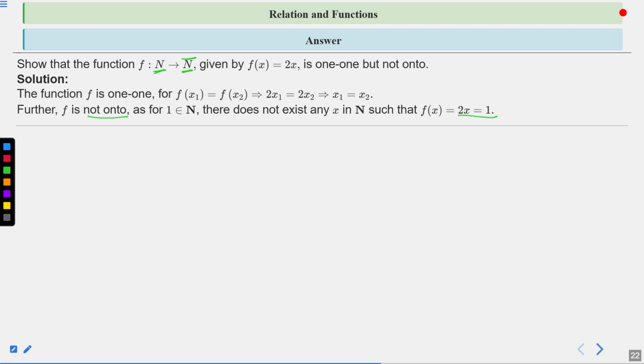In order to get the solution for this, we require x to be half, and half doesn't belong to set of natural. So there does not exist any x in set of natural, so not onto. So we got an element from codomain set which is not associated to any element from the domain set. Simple.